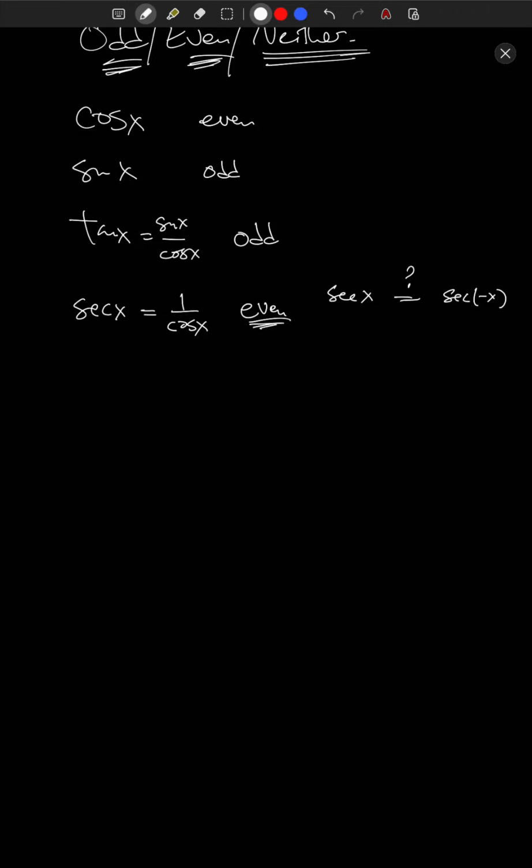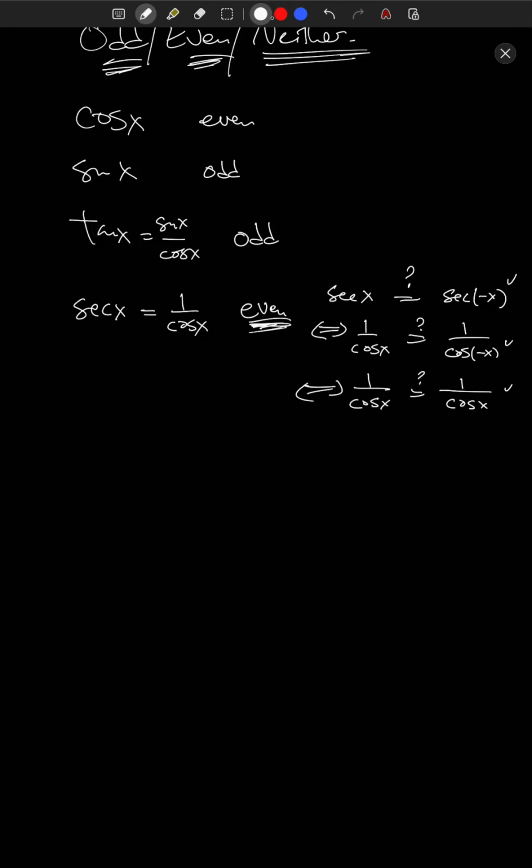Let me just do this one, and then I won't do any of the others. I'll let you do them. So is 1 over cosine x equal to 1 over cosine of negative x? But we know cosine is even, so this is the same as asking is 1 over cosine x equal to 1 over cosine x? And the answer here is yes. So secant is even.